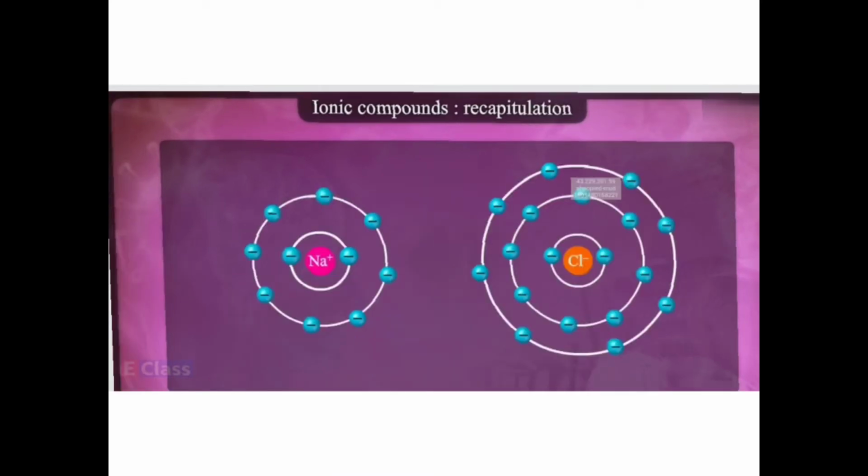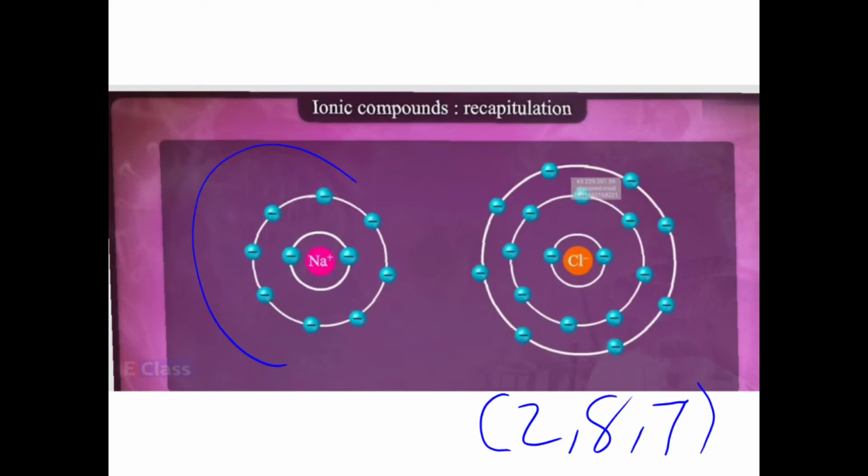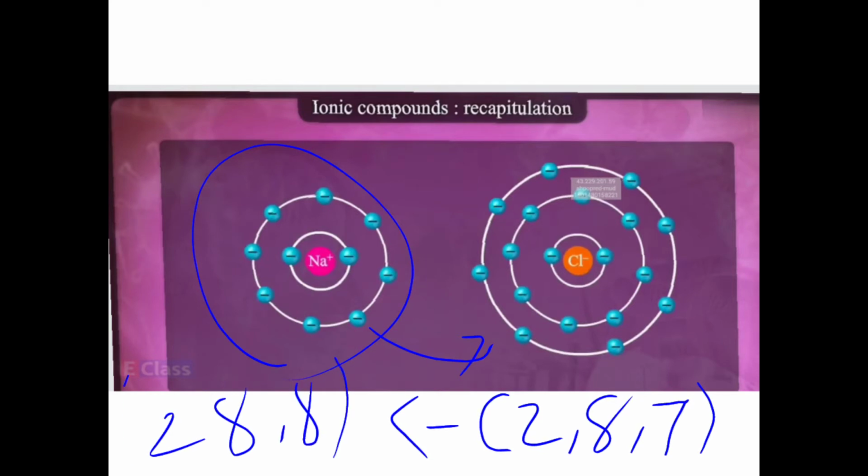Similarly, chlorine has 2, 8, 7 electrons. So the one electron which was there in the sodium comes towards the chlorine and you get the electronic configuration as 2, 8, 8, right?